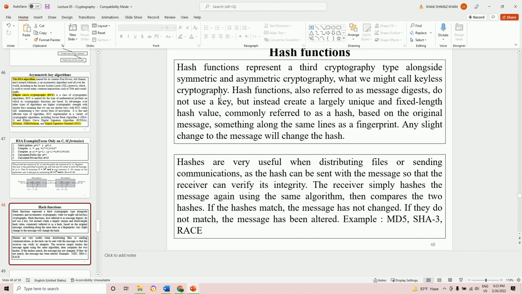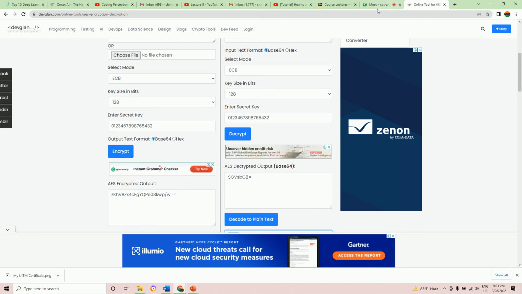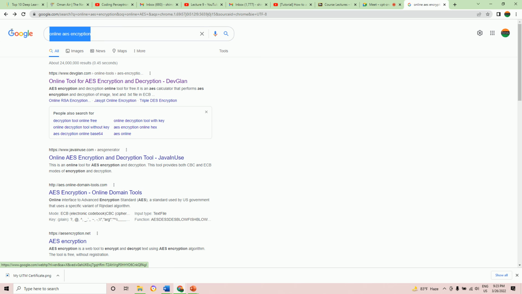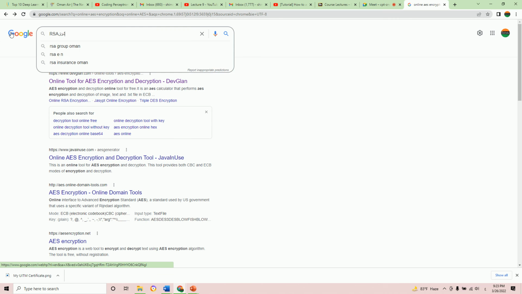Now, what is a hash function? So one more thing, let me show you. Here RSA encryption, asymmetric, I also want to show on RSA.